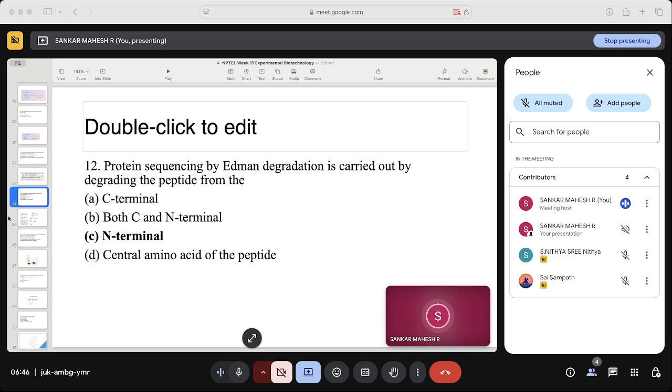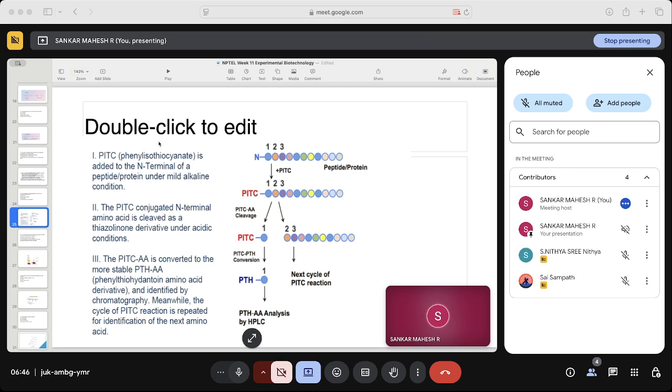Okay, so we looked at Edman degradation in question number one. So here we use phenyl isothiocyanate. What it does is it adds to the N terminal of the peptide. Then when we cleave it with thiazolinone, we get the first amino acid. Now you have a mixture of one amino acid as a phenyl isothiocyanate derivative and the other part of the protein.